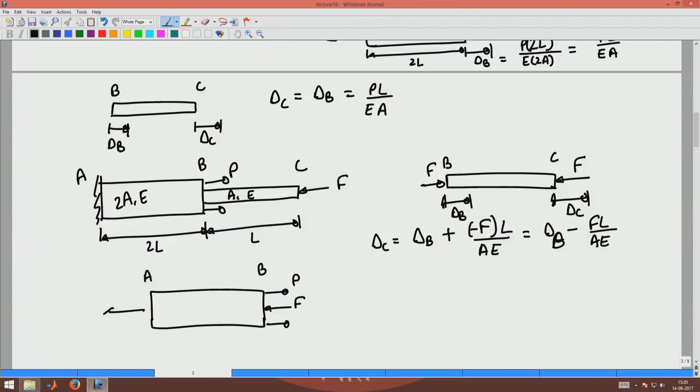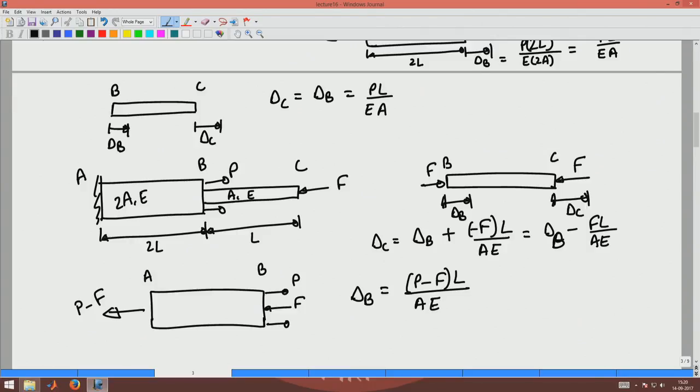So, the net force from equilibrium is P minus F, right, because they are in opposite direction, the net force acting on member AB would be P minus F.